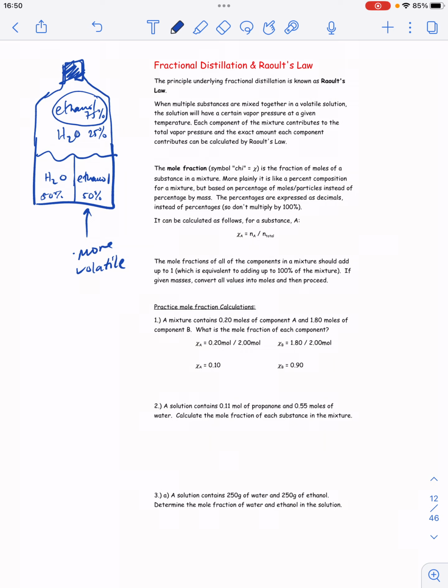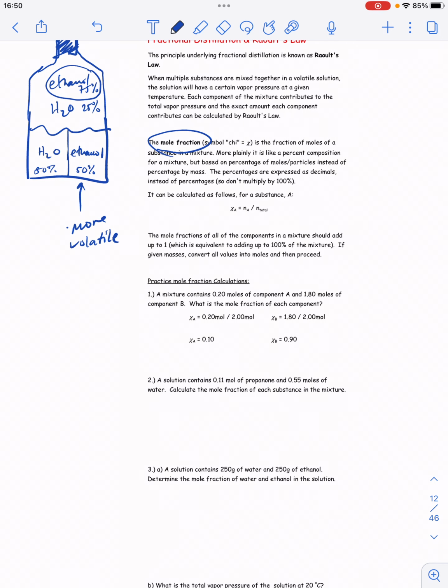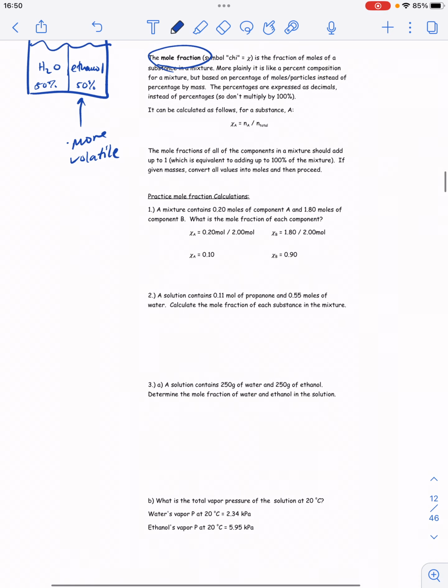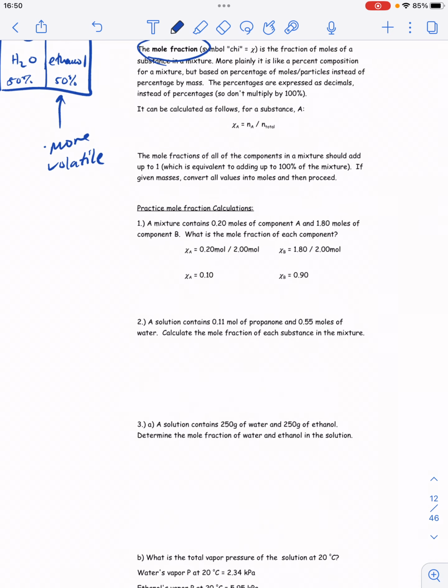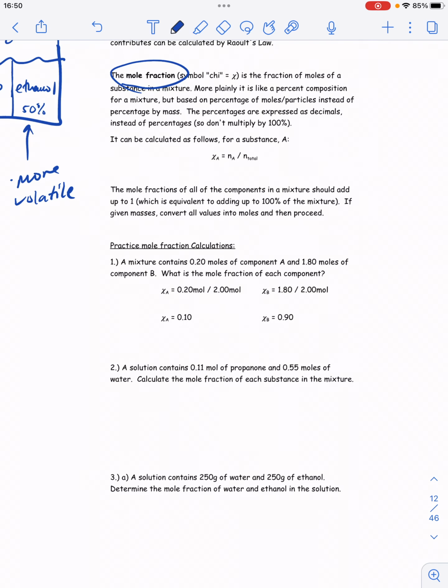Now, this relatively simple idea can be quantified with something called a mole fraction and the vapor pressure values. Okay, so a mole fraction is looking essentially at percent composition of a mixture, but instead of looking at it from percent by mass, it's looking at percent by particles or percent by moles.